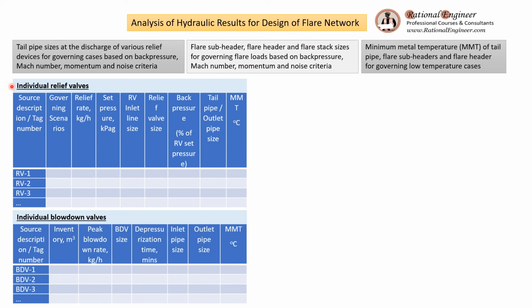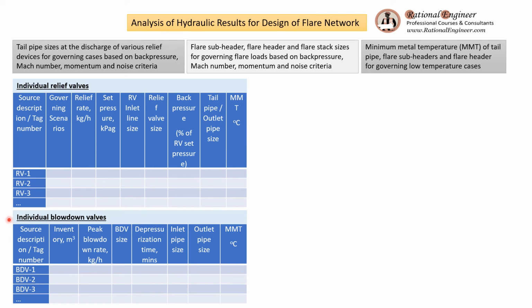Typical format for conclusion of individual relief device is given in this table. List of relief devices are given with its governing scenarios and loads, the required relief valve inlet size, the required relief valve size, back pressure at the relief valve, the tailpipe outlet size and the minimum metal temperatures.